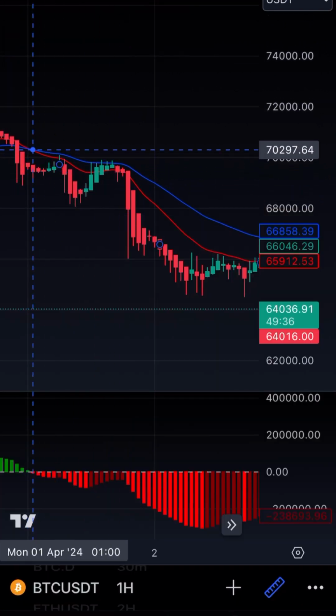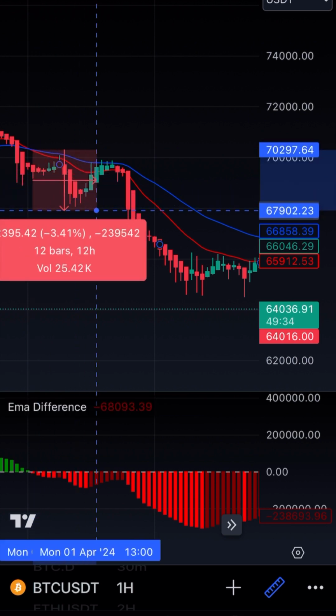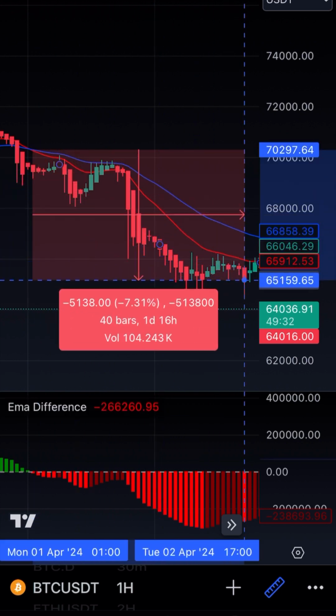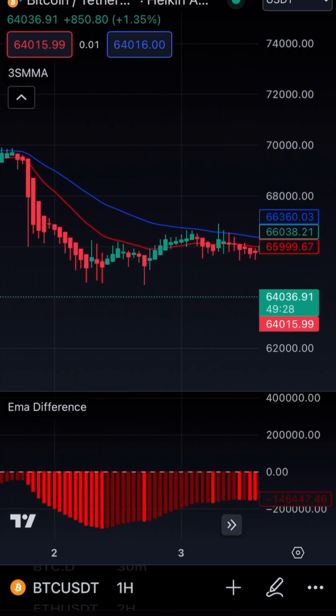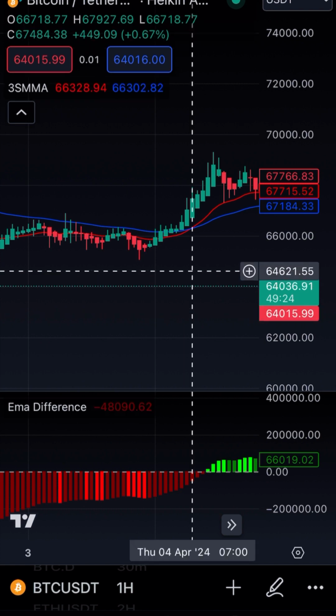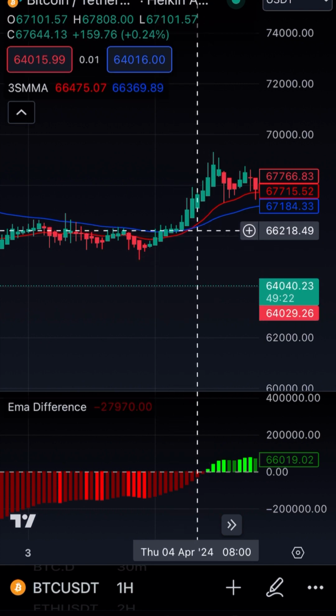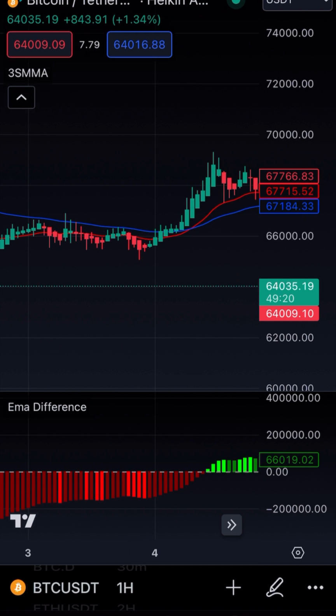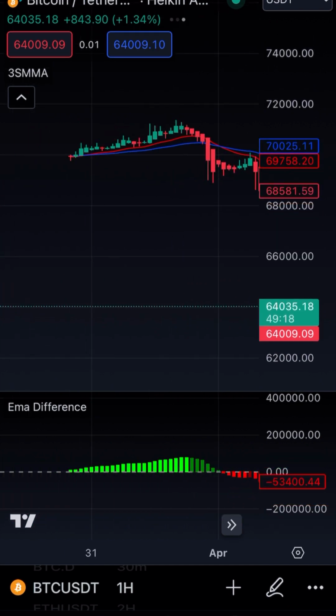So right about here, you can enter your trade. You look at your EMA difference, and you can ride that one out. When you would get out would be, well, it kind of picks it up at the same time, right here. Both ends pick it up at the same time.